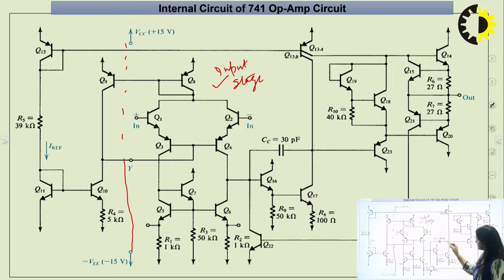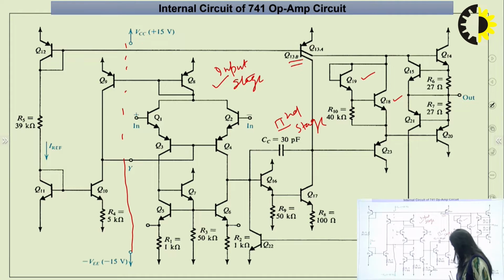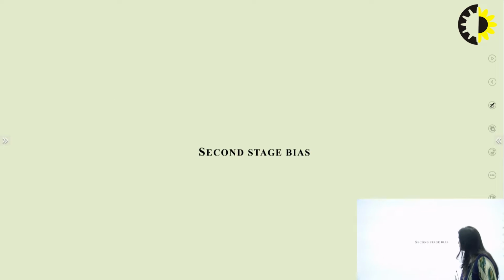In this lecture I will focus on the second stage, which includes Q16, Q17 and Q13B transistors, as well as the DC analysis of the output stage, which includes Q19, Q18, Q15, Q14, Q21, Q23, Q22, where some transistors are used for the short circuit protection circuit. That also I will discuss in this lecture. So, come to the topic.